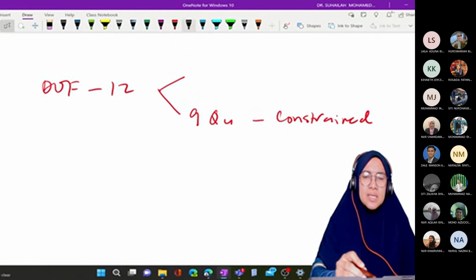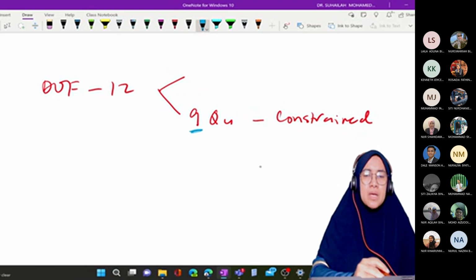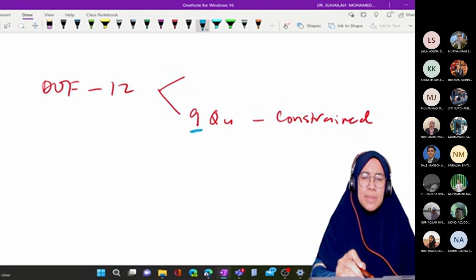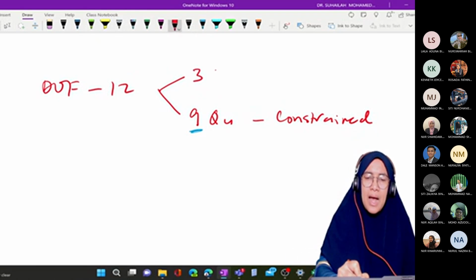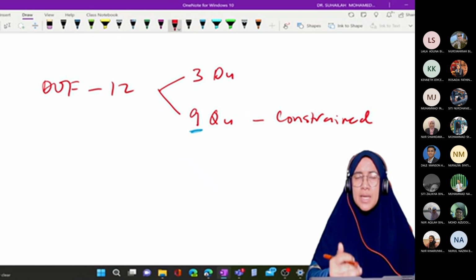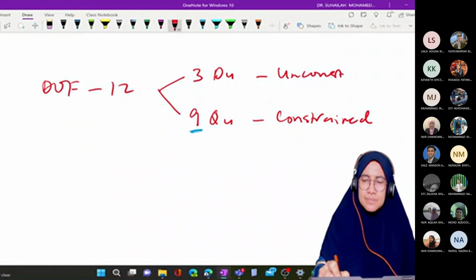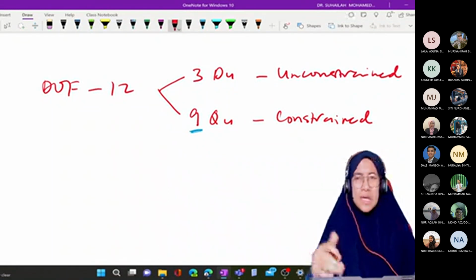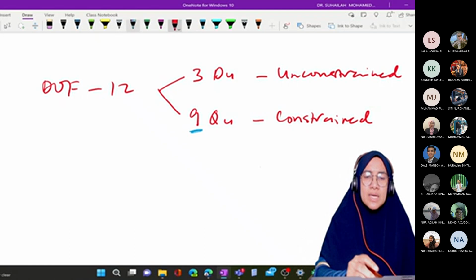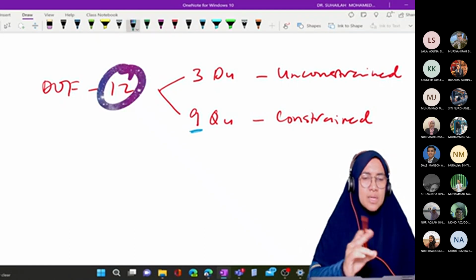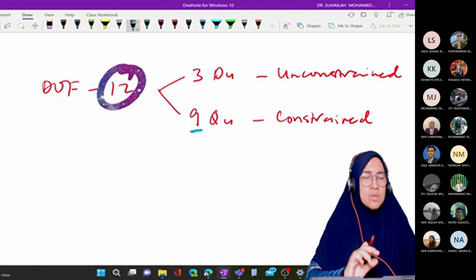Since this has 9, we will have the remaining 3, which are 3 unknown displacements located in the unconstrained degree of freedom system. So the total is 12.